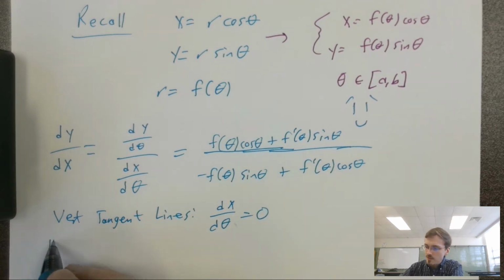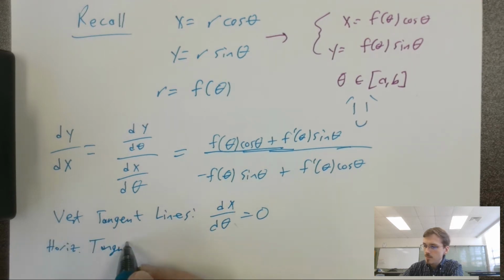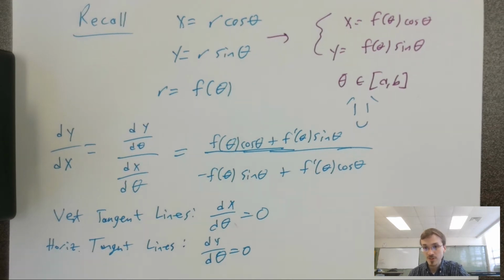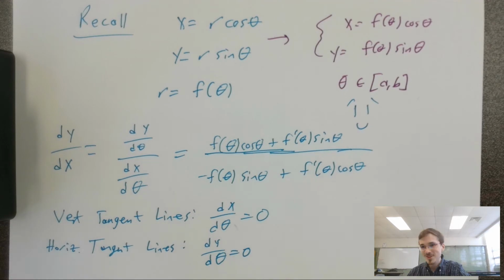When will we have horizontal tangent lines? Those, of course, correspond to whenever dy/d theta is 0, just like parametric equations. The moral of the story is that all of our knowledge here will follow, all of the calculus that we'll develop here follows from our knowledge of parametric equations, which is super helpful.